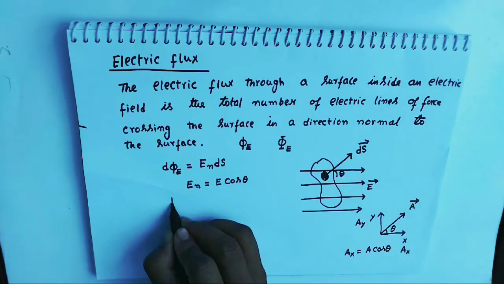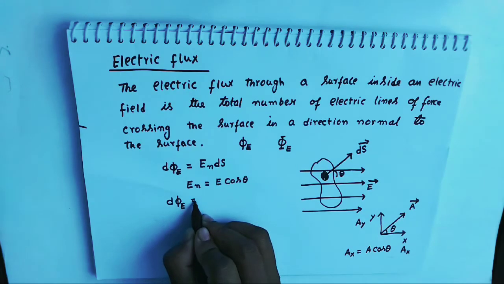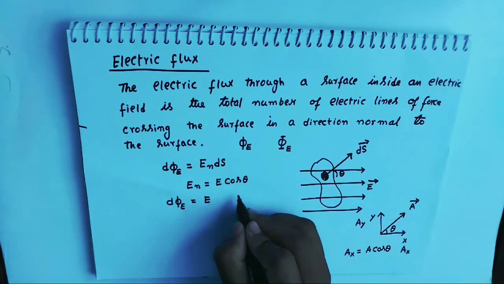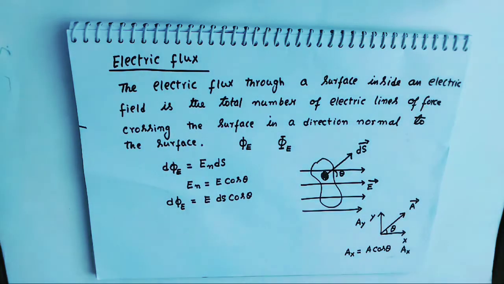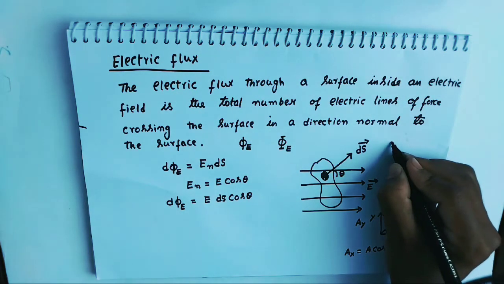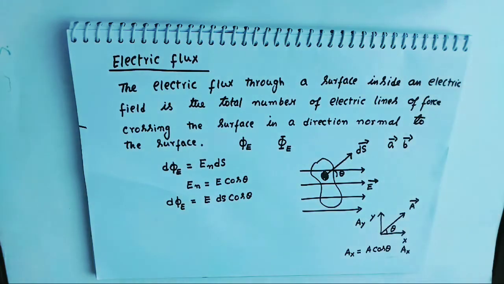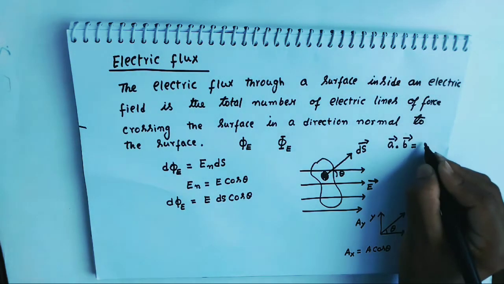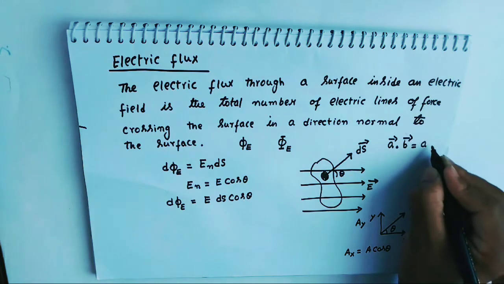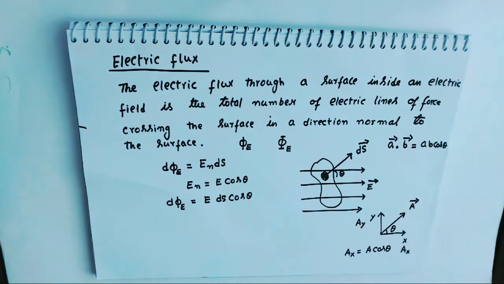If we substitute this value of En in this equation, then d phi E is equal to E cos theta ds. We have also learned that if we have two vectors, say A and B, the dot product of these two vectors is A dot B equal to mod of A, which is simply A, mod of B, which is simply B, and then cos of theta.